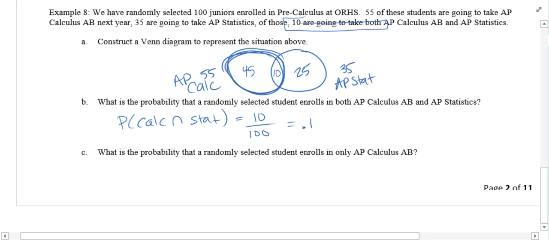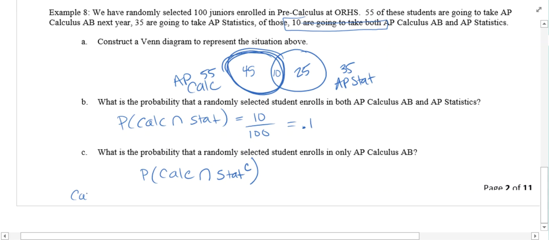What is the probability that a randomly selected student enrolls in only AP Calculus? Because we have two events here, this is calculus and not AP Statistics. So we're going to write an and, stats, and then complement.